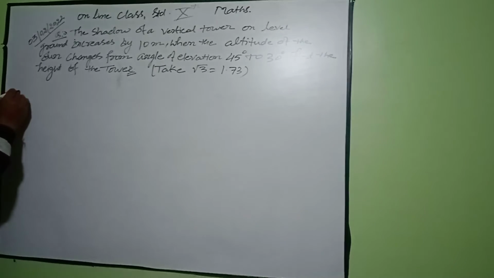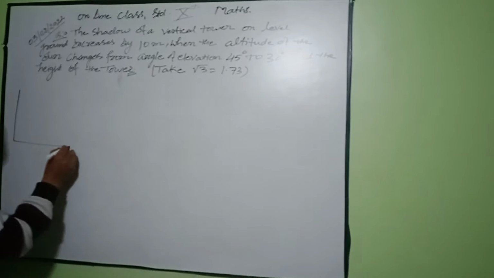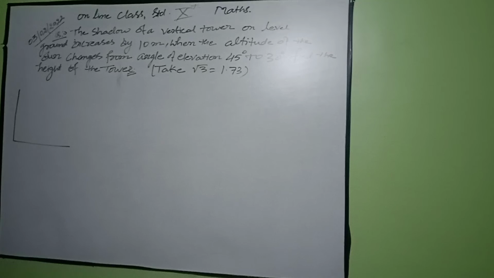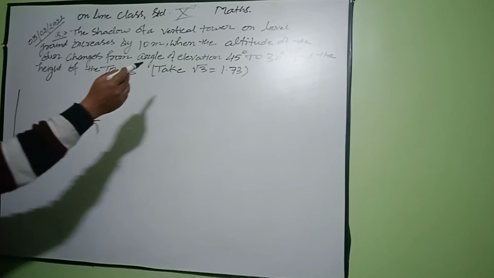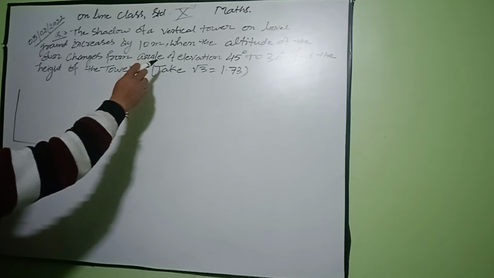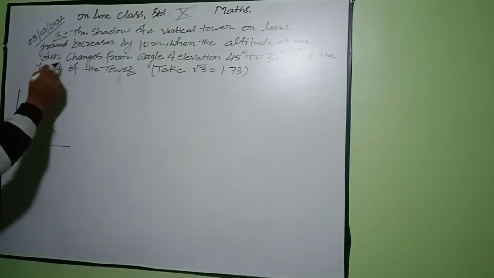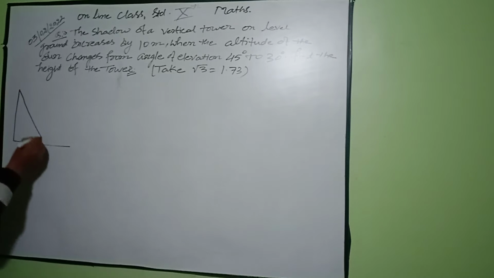Here is the tower. Just see the figure. This is the tower and this is the ground. Now, the shadow of the vertical tower on level ground increases by 10 meter when the altitude of the sun changes from 45 degree. This one is 45.